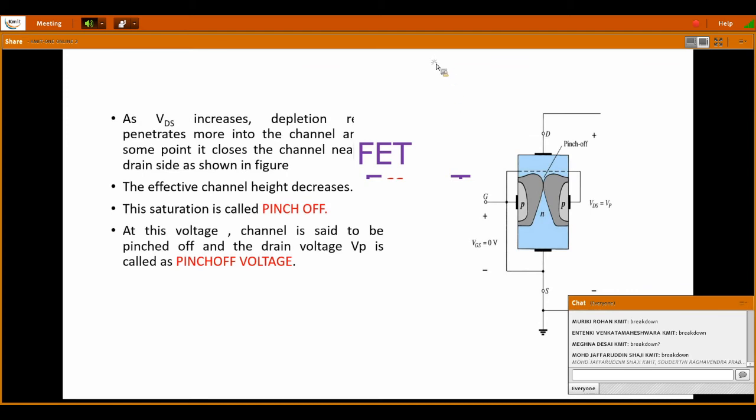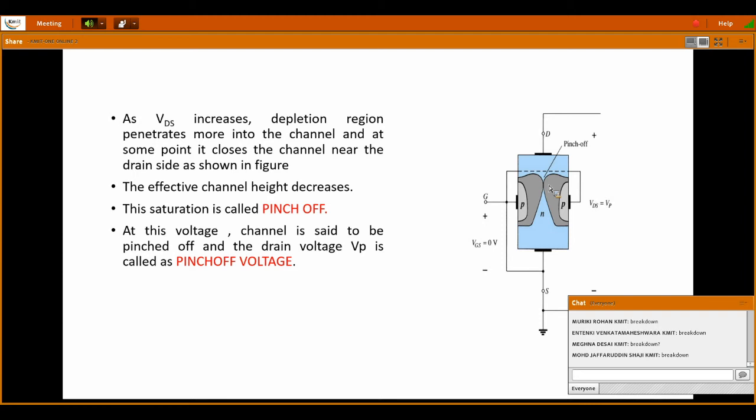What happens here? Before breakdown occurs, there is a thin region where the two depletion regions touch each other if I go on increasing VDS. Okay, so this stage occurs before breakdown.